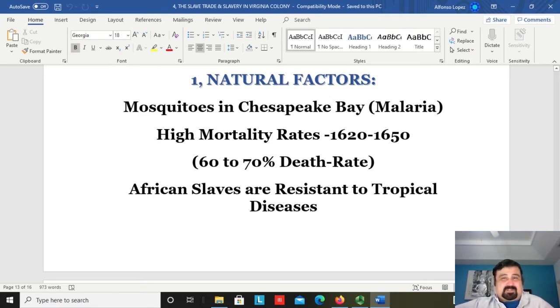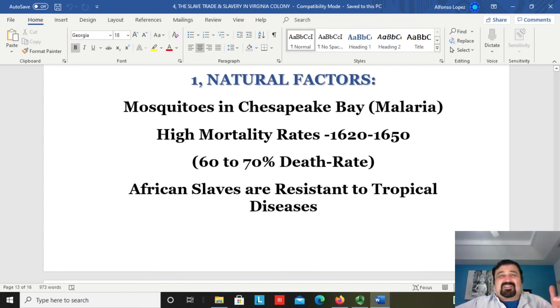Okay, from 1620 to 1650, the British are not yet in Africa and investing heavily in trading operations to trade slaves, etc. The Portuguese, the Spanish, the French, for example, the Dutch are in that trade, and if they're going to have to buy slaves, they'll have to buy them from those sources at very high prices.